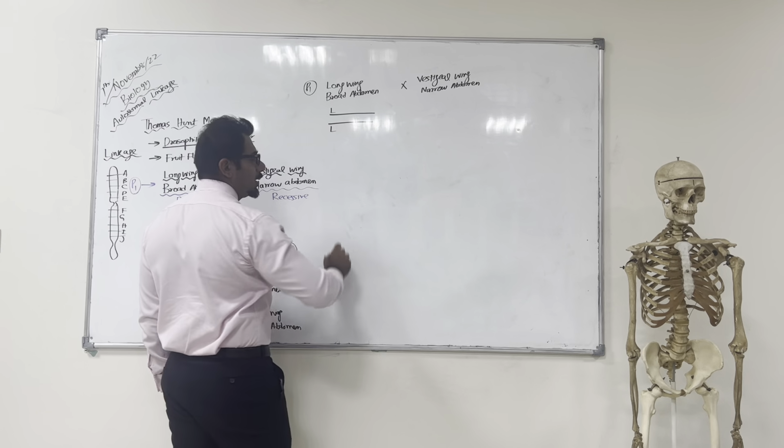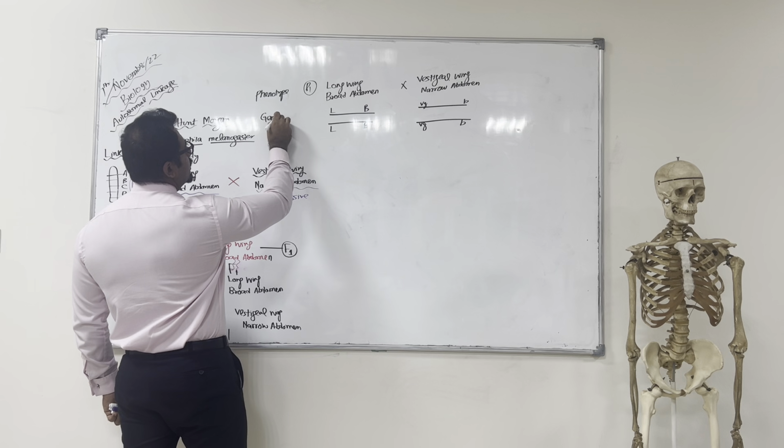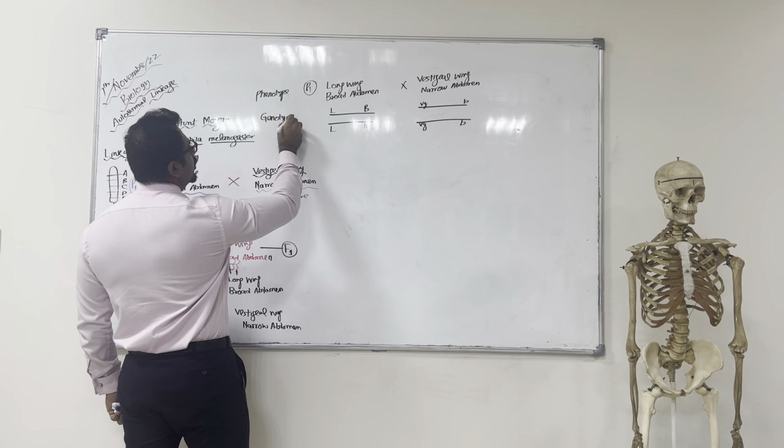And this is small b, small b. Understand, everyone? Now over here, this is the phenotype. And this is the genotype.